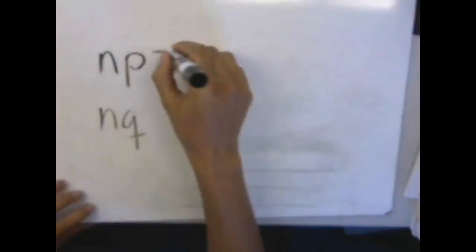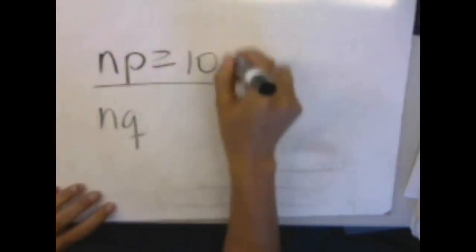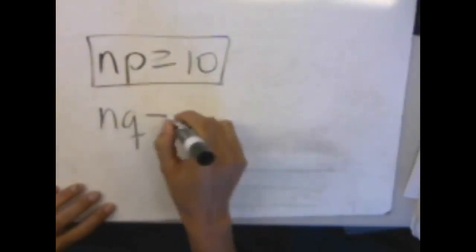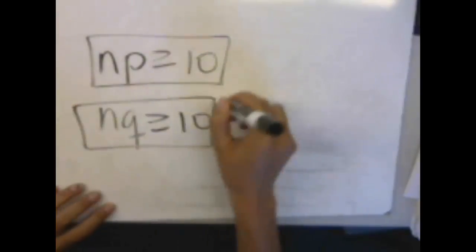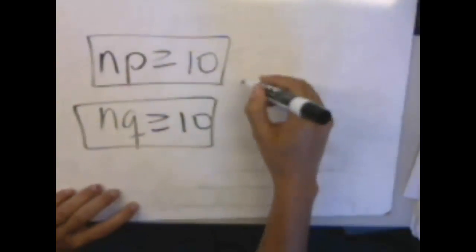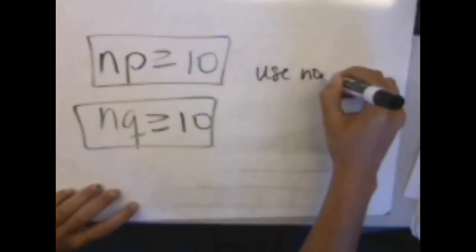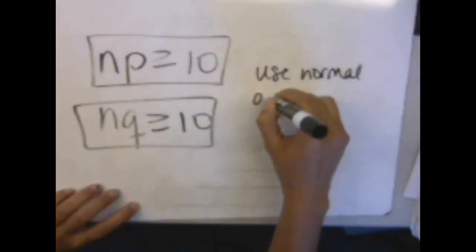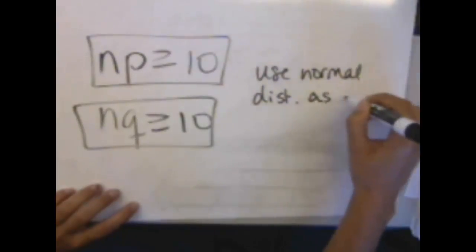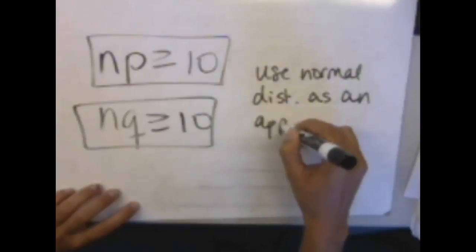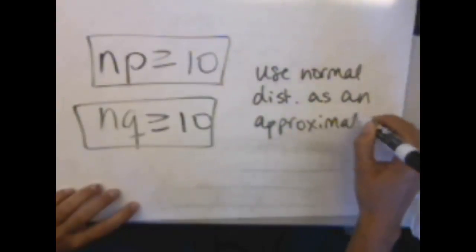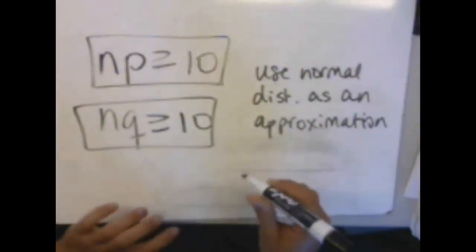Another way to say this is, well, don't just tell me if it's big enough, give me some rule of thumb. Here's the rule of thumb. If np is greater than or equal to 10 and nq is greater than or equal to 10, then you can use the normal distribution as an approximation to the binomial distribution.